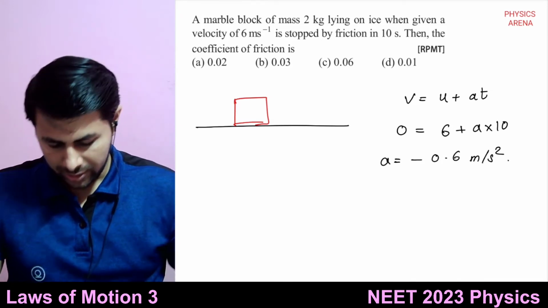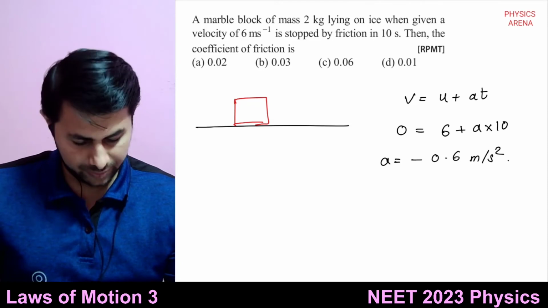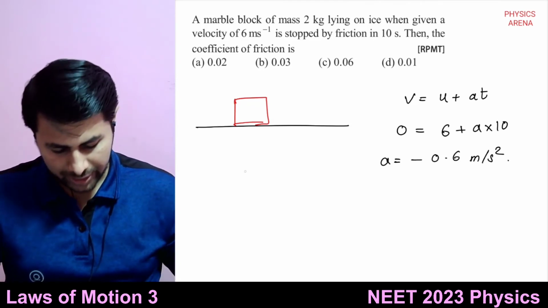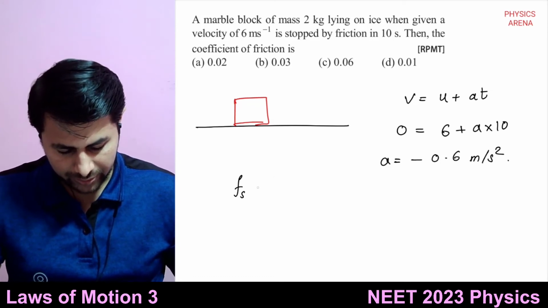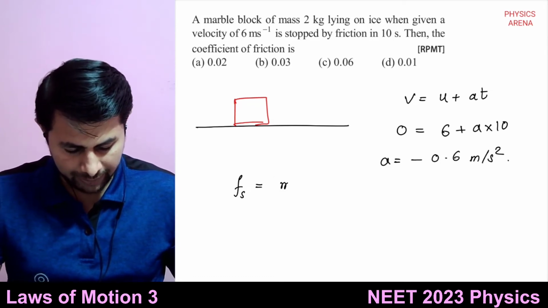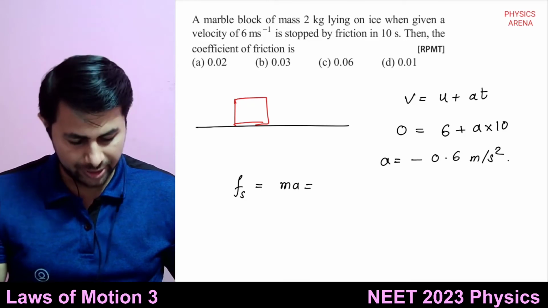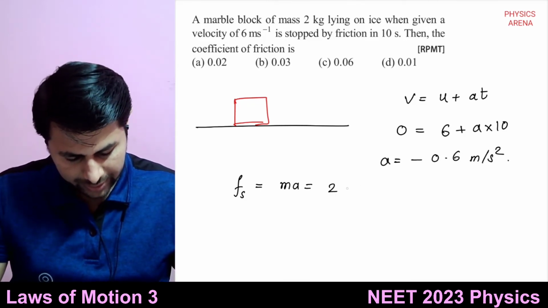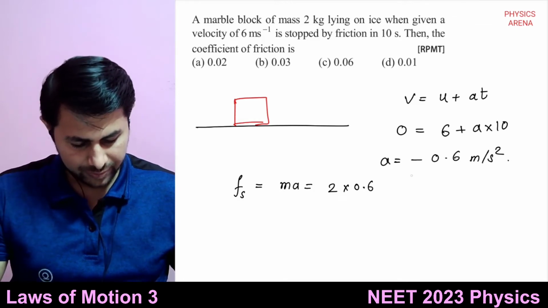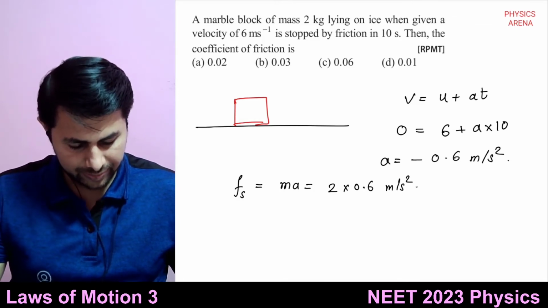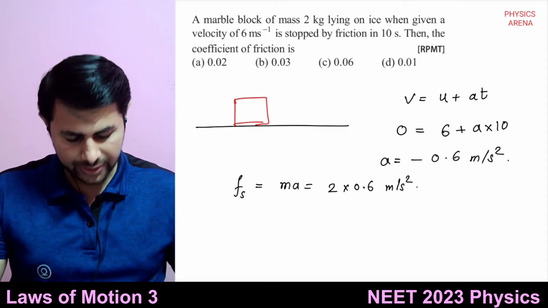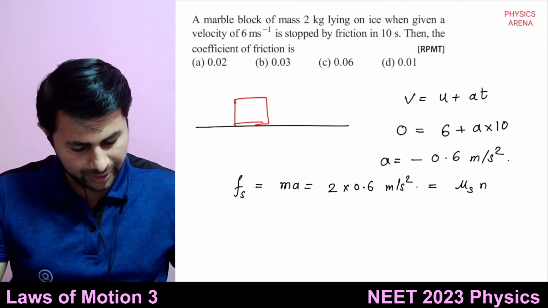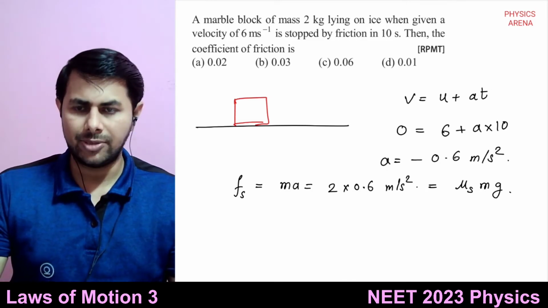So how much would be the frictional force? The frictional force is equal to m multiplied by a. Let's take magnitude only. So it is 2 multiplied by 0.6. And this is equal to mu multiplied by mg.